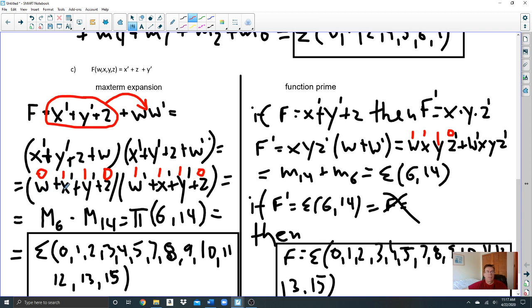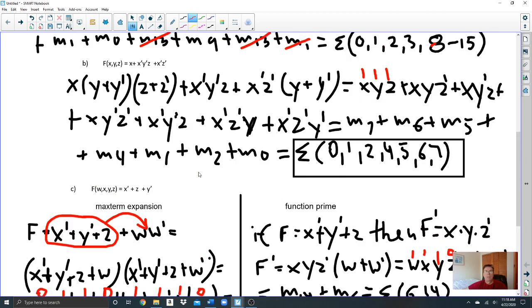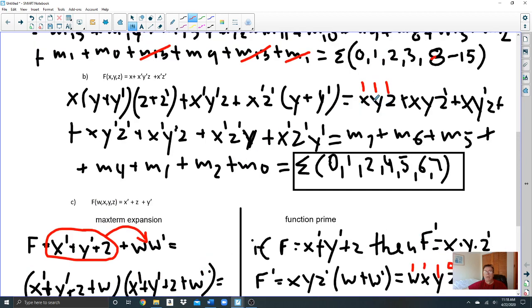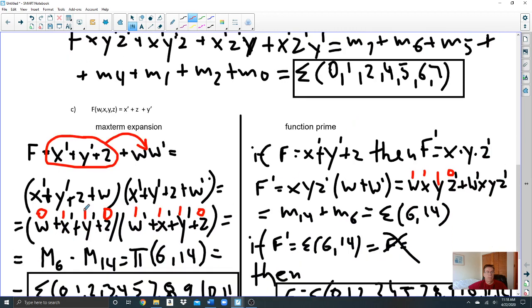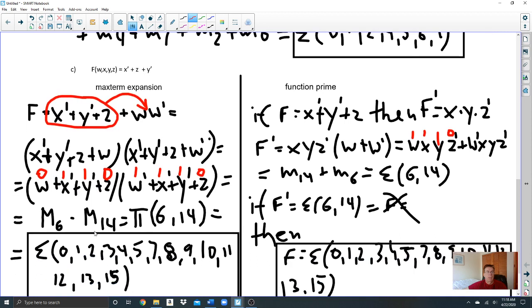So W plus x prime plus y prime plus z is denoted in binary as 0, 1, 1, 0. So W prime, x prime, y prime, z will be denoted as 1, 1, 1, 0. So it's opposite to minterms. In minterms, when you have an unprime variable, you put 1 over it. In maxterms, when you have an unprime variable, you put 0. Okay, so now let's look at this.